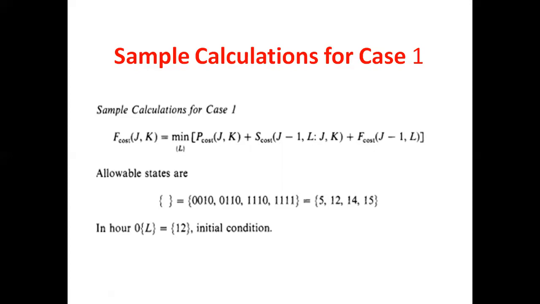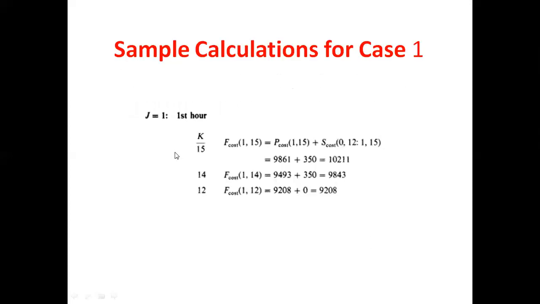We have to find the minimum value of the total cost. It will be calculated for 15, for 14 and for 12. From there, 9208 is the minimum, and we have to take this value for the first hour.